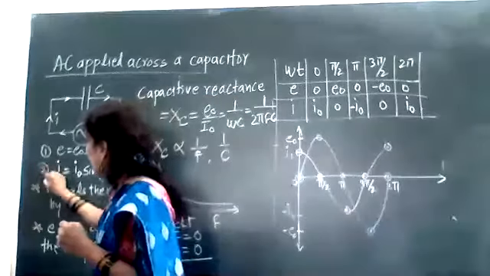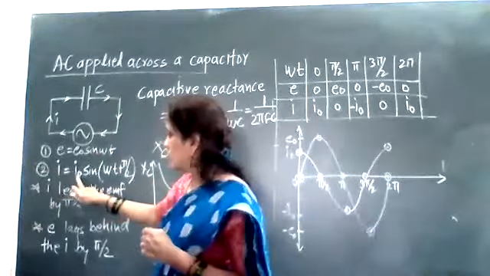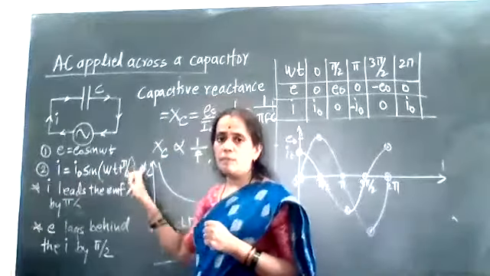Second point, current across capacitor, I is equal to I0 sin omega t plus pi by 2.